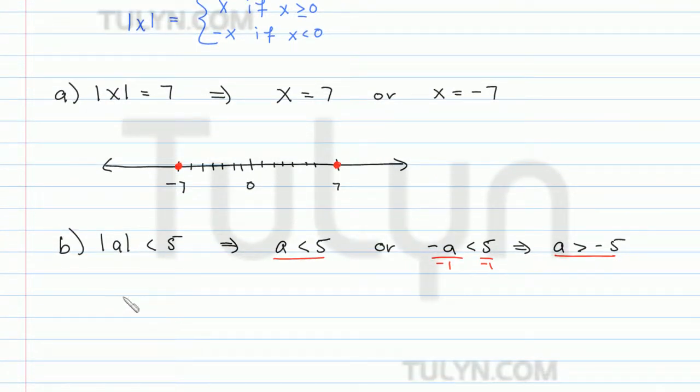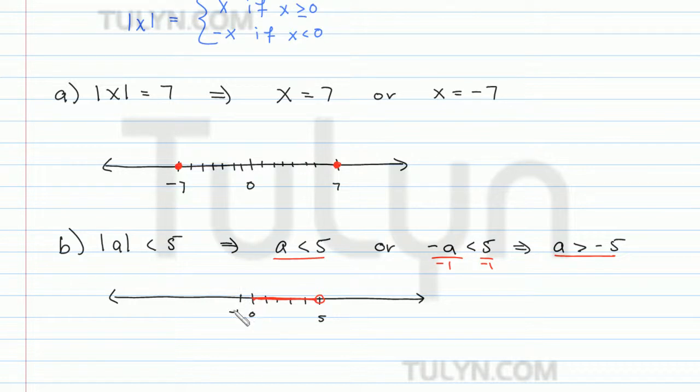So let's graph that on the real number line. We start with our 0 in the middle. We go out 5 spots. So we know that a is less than 5. We want to draw an open circle on the 5, and we know that a is between these values here. But also, we know that a is greater than negative 5.